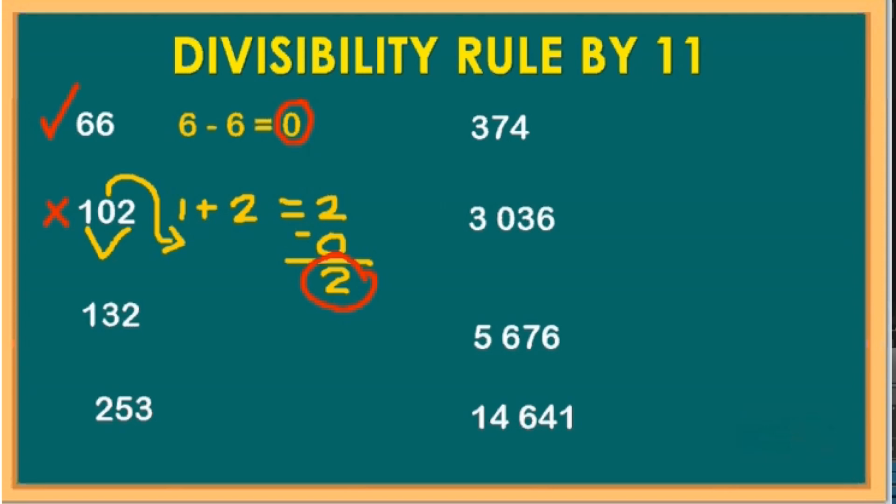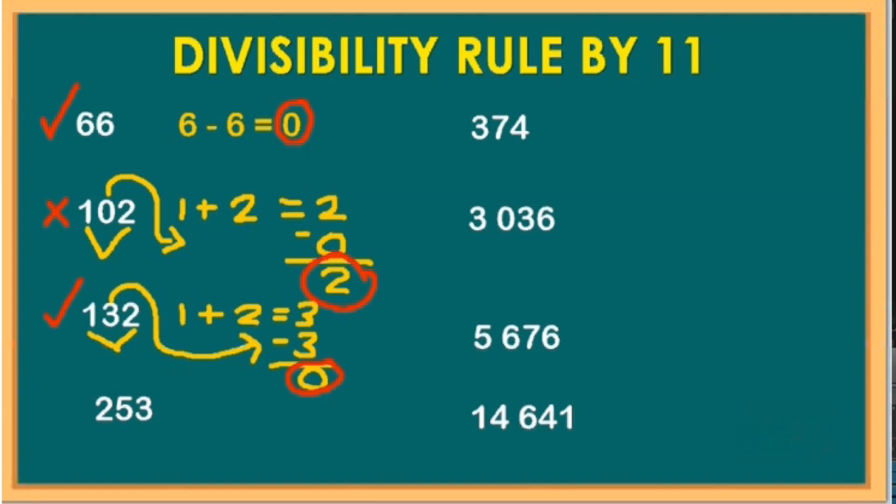Again, the difference should be 0 or 11. Only those two numbers. Let us proceed to 132. 1 plus 2 is 3. Then the middle digit, 3. 3 minus 3 is 0. So, 132 is divisible by 11.